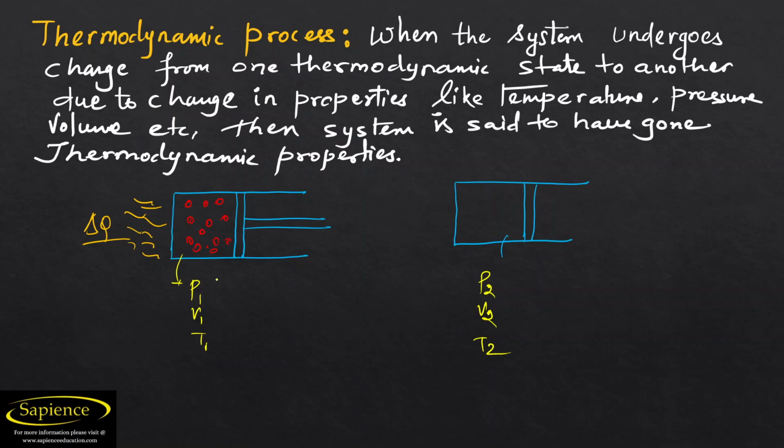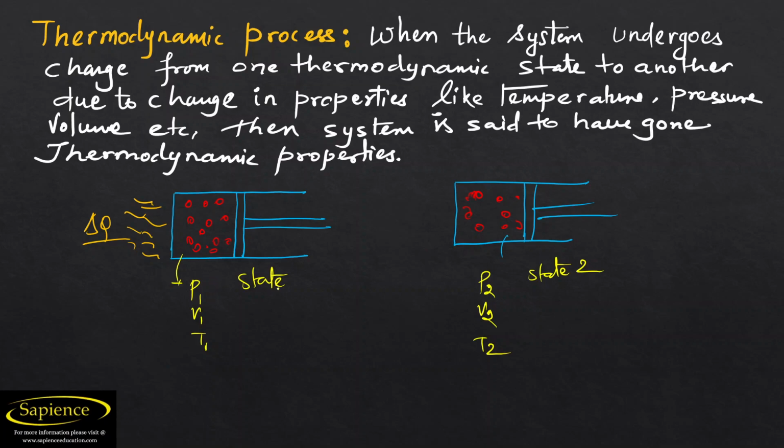So this is state 1 of the gas, and this is state 2 of the gas. These are the gas molecules like this, and this is a piston. So what actually happens here?